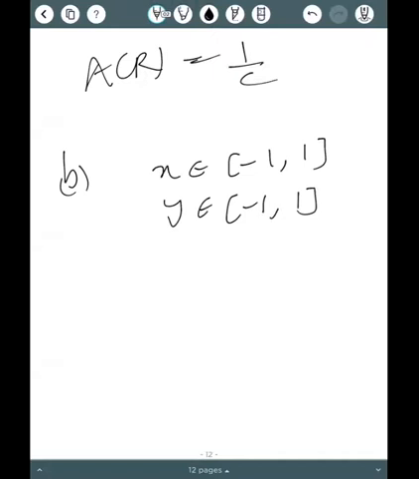Because this side is 2 and this side is 2, so the area will be 4. From before, the area is 1 over C, so C is 1 over 4.